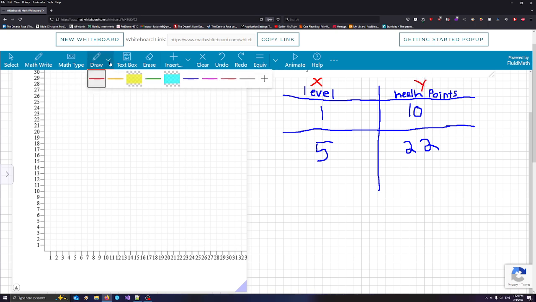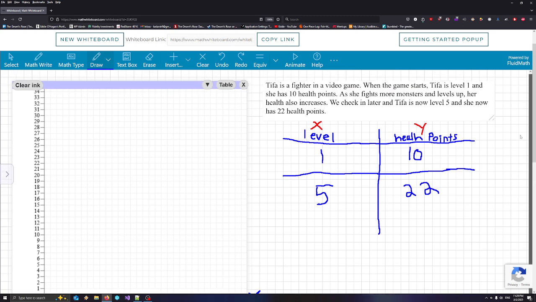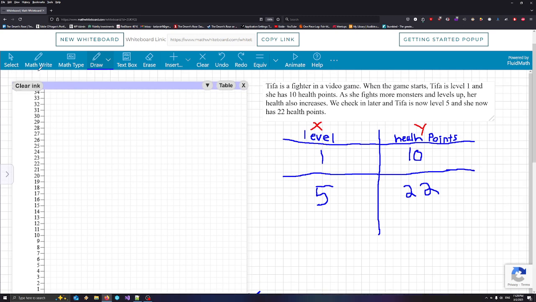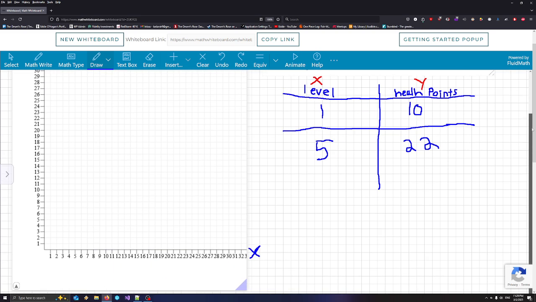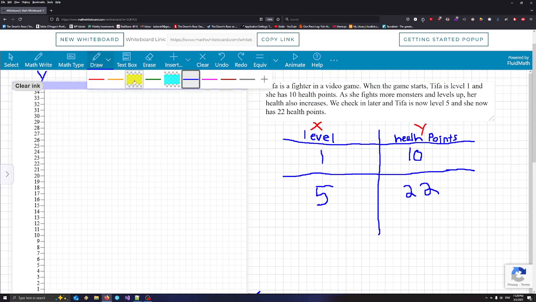So let's plot that on the graph real quick. Since level is our X axis, and remember we typically use X for the horizontal, the left and right axis, and we have our Y axis up here.